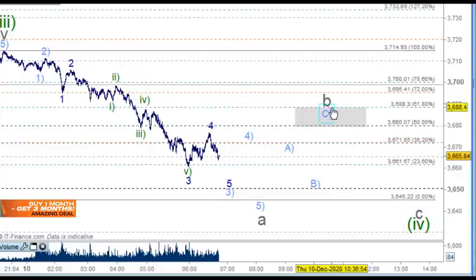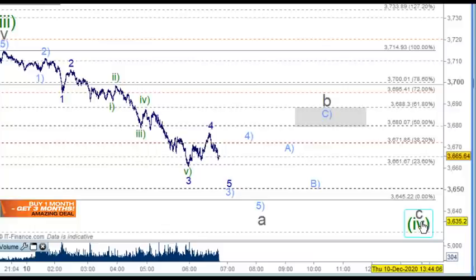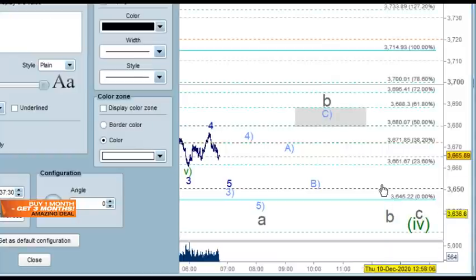Now, remember this 5 waves down here can also be, I've got it as wave 3 up here and coming down for wave 4 here, but it also could be wave 2 coming into play as well here. So if it is wave 2, then it's going to come down lower than wave 4.